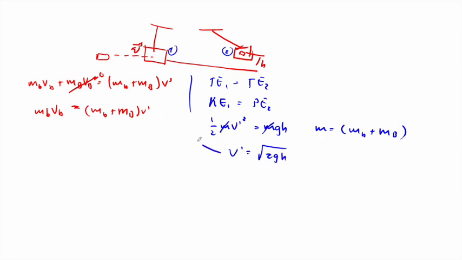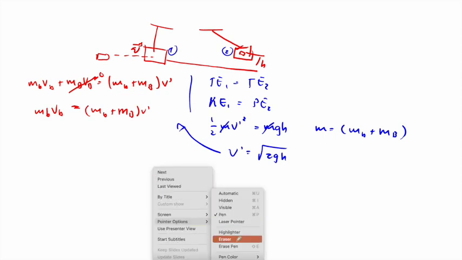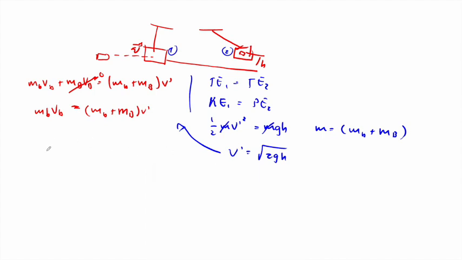So I take this value and substitute it in there, which means that once I combine this, I'm going to have mass bullet times velocity of bullet equal to total mass, bullet plus block, times v prime, which is equal to the square root of 2gh.